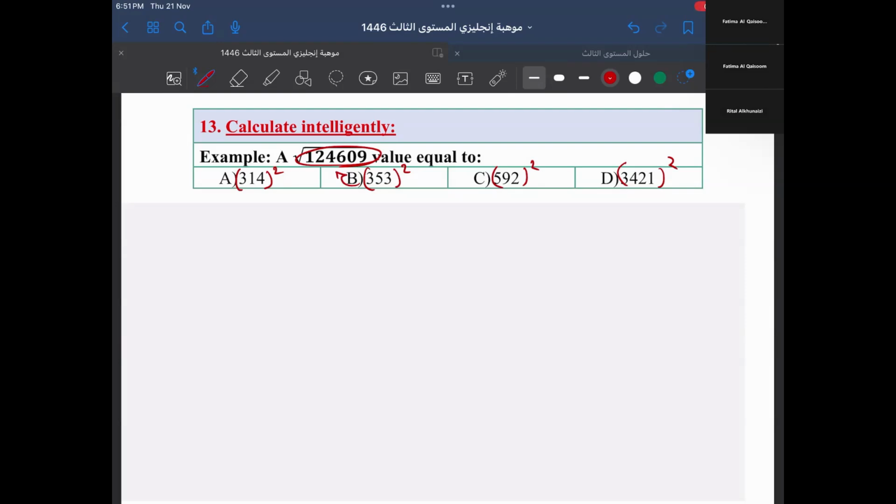So which number can possibly be equal to this one? How can I know? The first thing that I look at in the number, if it's squared, is the last digit here or the beginning of the number. And it's here 9.